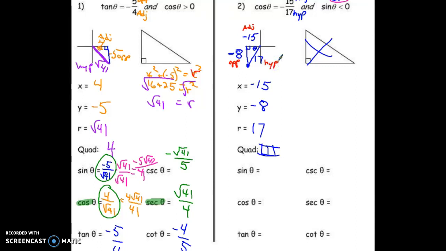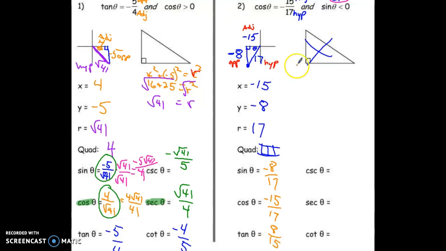So when we do the sine, we're going to get sine is what? Opposite over hypotenuse. That's a negative 8 over 17. Cosine is the adjacent over hypotenuse. Negative 15 over 17. And now my tangent, negative 8 over negative 15, which is 8/15.